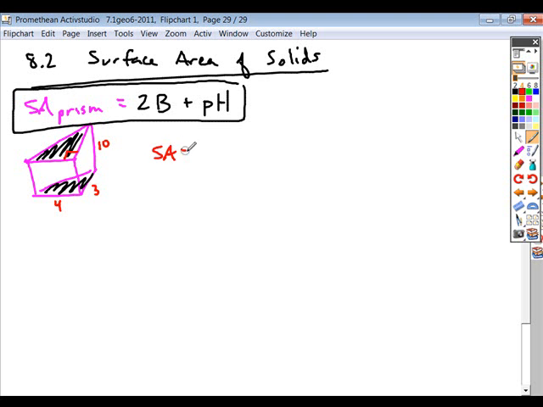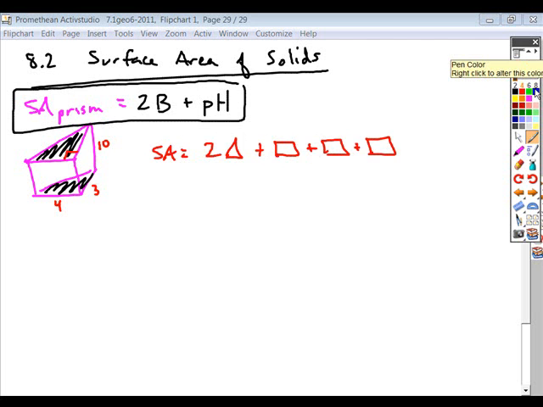Our surface area is going to be 2 triangles plus all 3 rectangular sides. Anytime I demonstrate a problem, I'll probably graphically show the relationship of the surface area. But we can then begin the equation or the formulaic version of this.